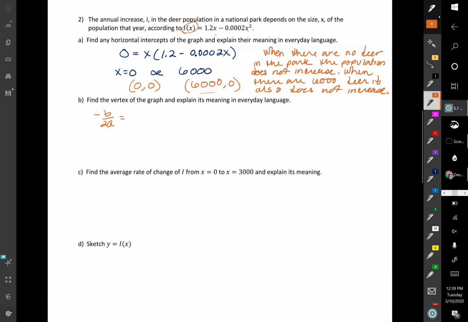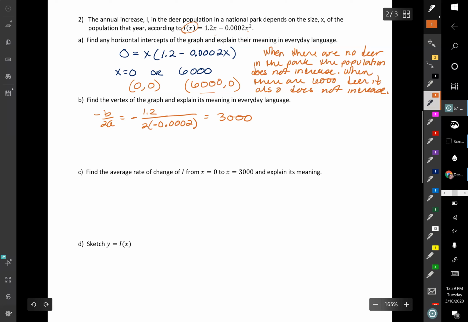B is 1.2. A is negative 0.0002. Okay, so crunch those numbers. You should get 3,000.